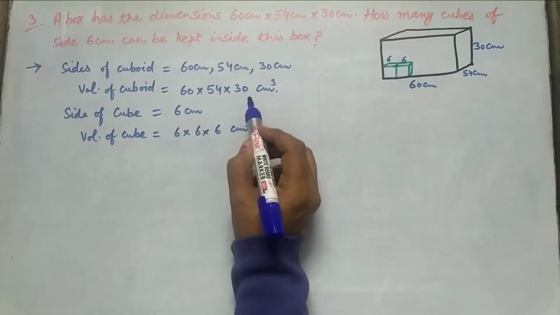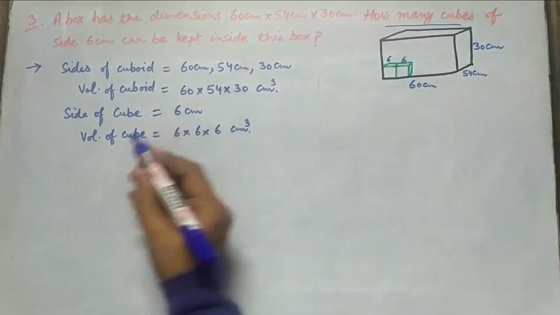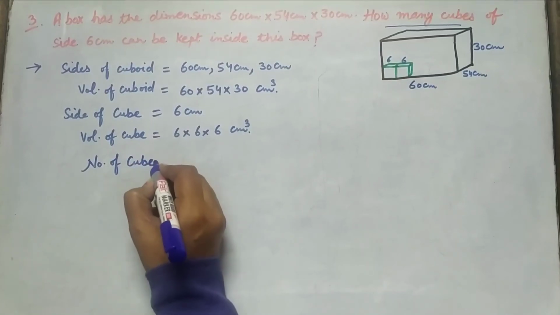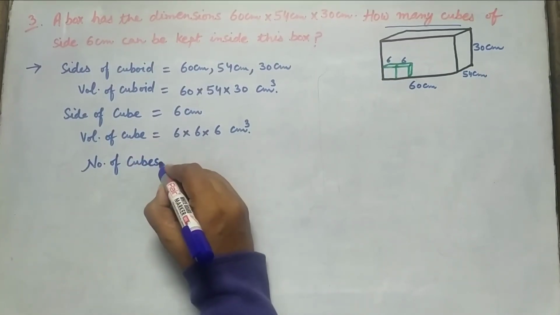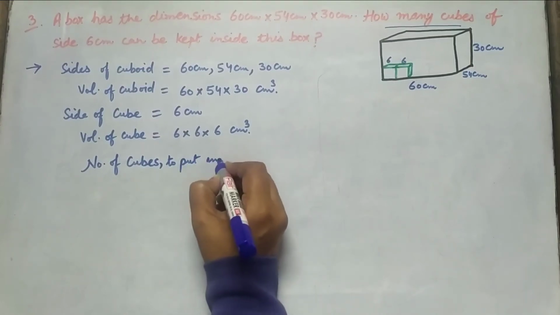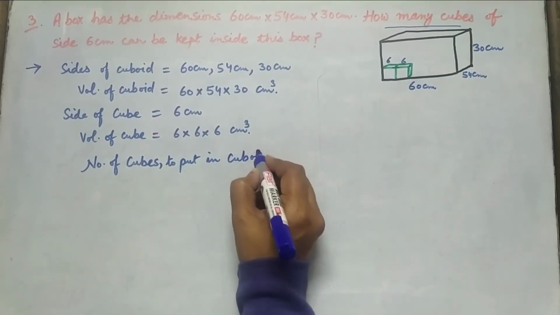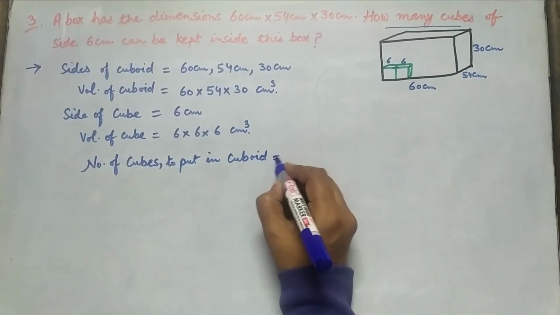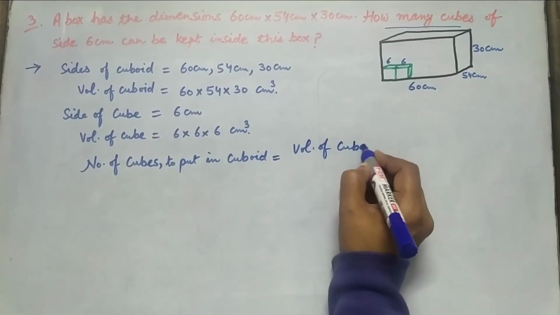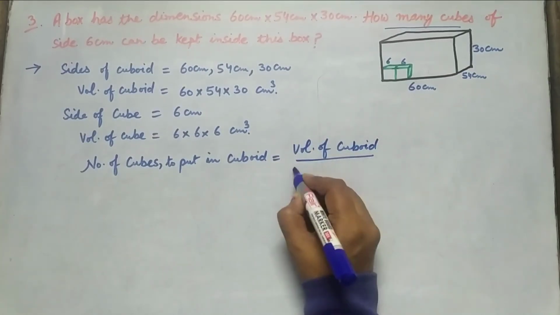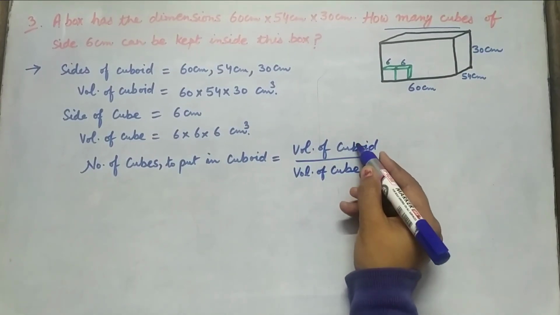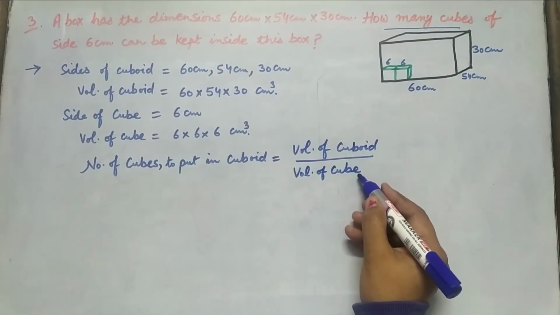Now to find how many cubes, meaning the number of cubes that can be put in the cuboid, the bigger box, that will be volume of cuboid divided by volume of cube, meaning bigger volume over smaller volume.